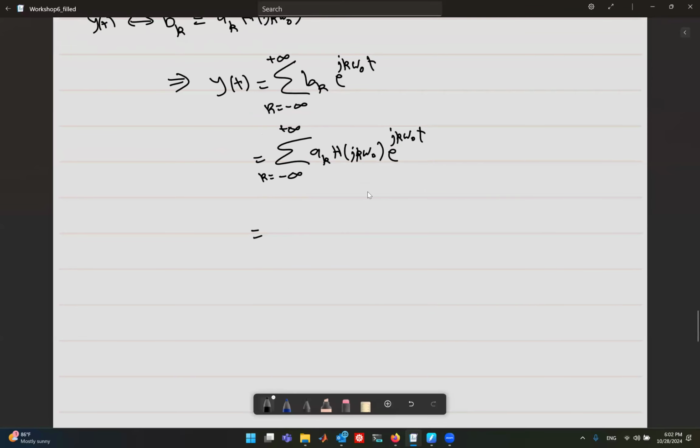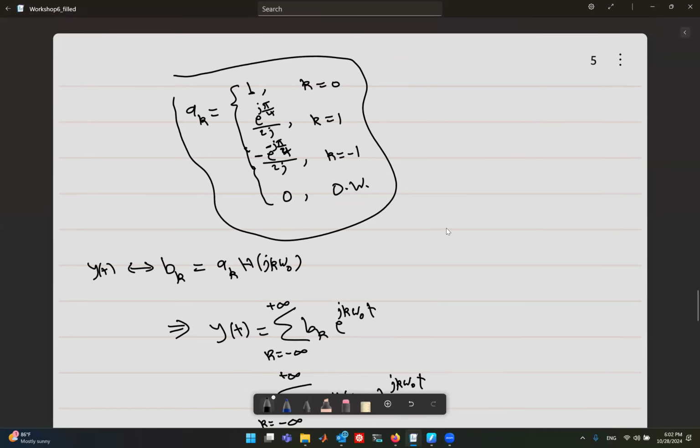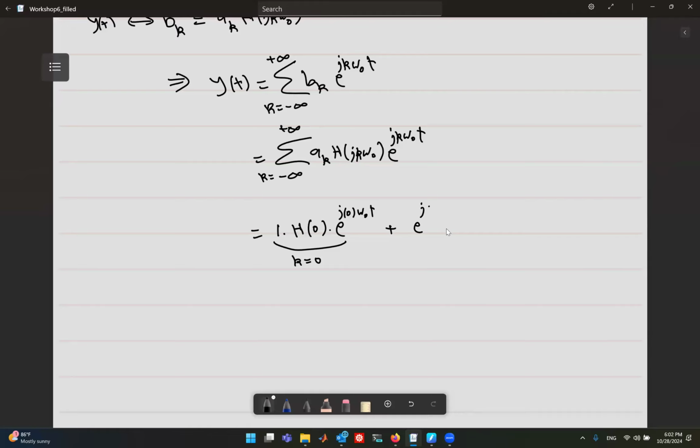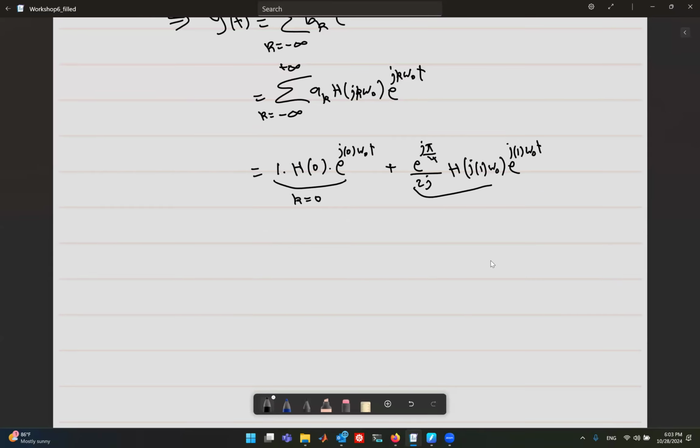So when k equals 0, we get 1 times H at 0 times exponential j 0 omega naught t, plus, then when k equals 1, we have a1, which is exponential j pi divided by 4 divided by 2j, and then H(j 1 omega naught) exponential j 1 omega naught t.